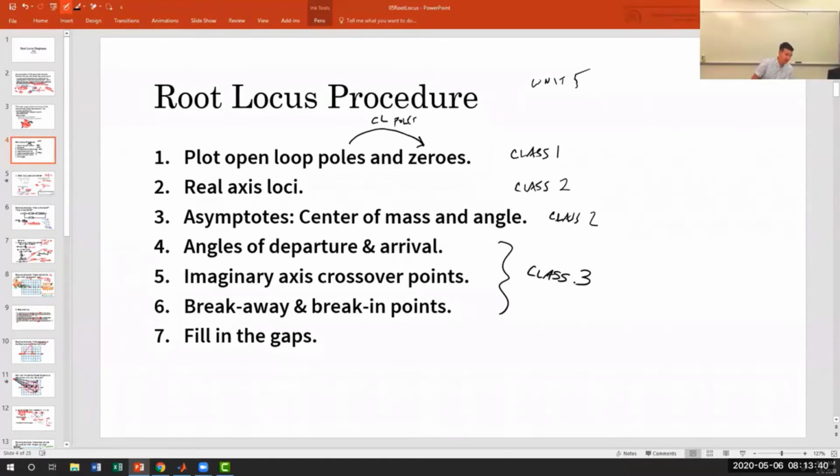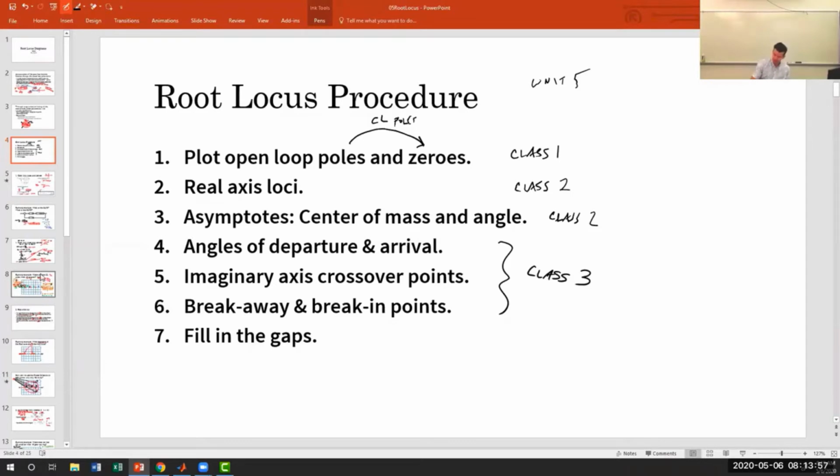That's exactly right, yeah. And then how do the asymptotes, because we had to find 3, 2 that were at 60 degrees and 1 that was at 180. How are they different? How are they the same or similar?